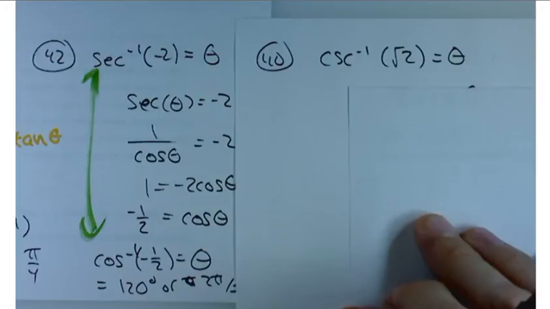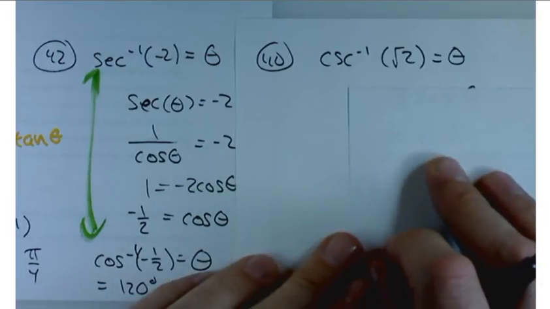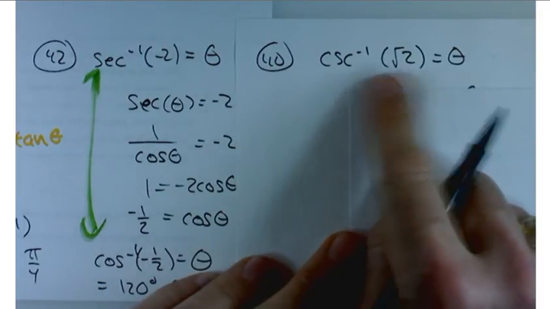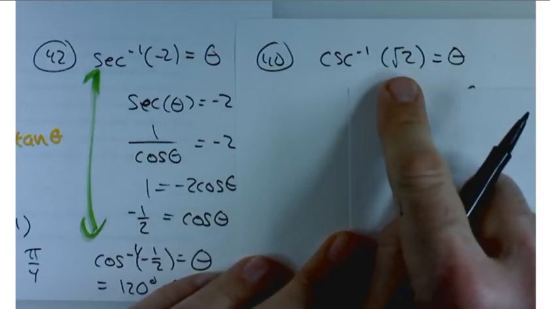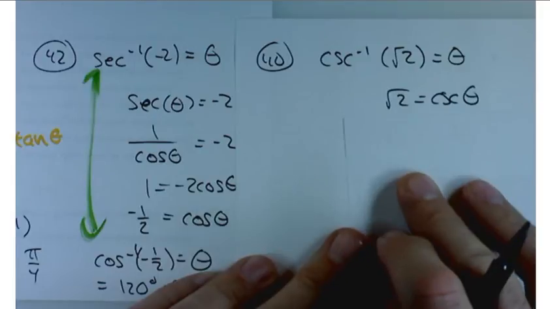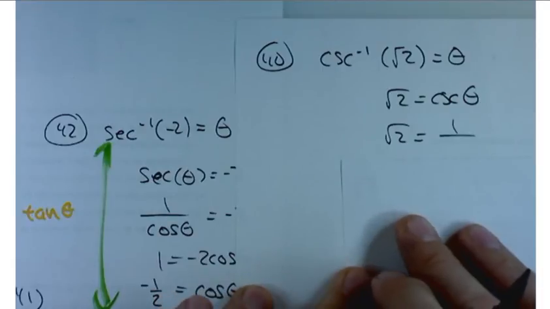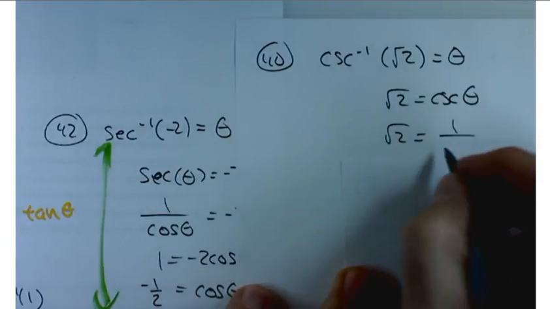Okay, let's take a look here. Brittany, let's start by rewriting this right here. Square root 2 is equal to the cosecant of theta. Perfect. Cosecant is 1 over which function? 1 over the sine of theta.